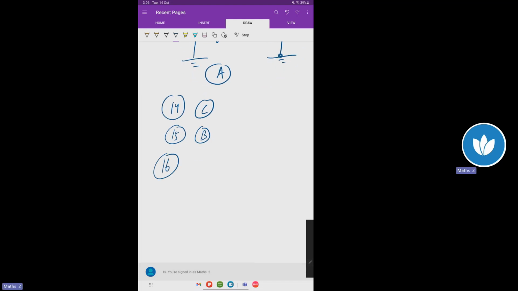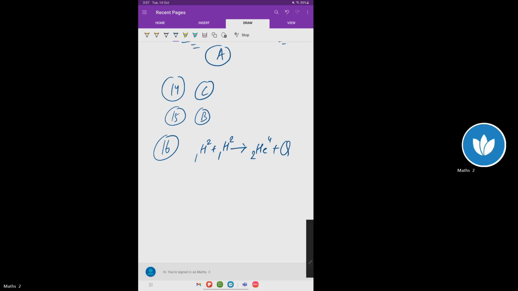Question 16. Energy released when two deuterons fuse to form a helium nucleus. So 1H2 plus 1H2 is making helium plus releasing some energy. So Q is equal to the binding energy on the right-hand side, number of nucleons into binding energy of helium.